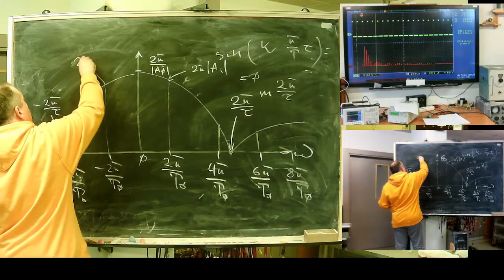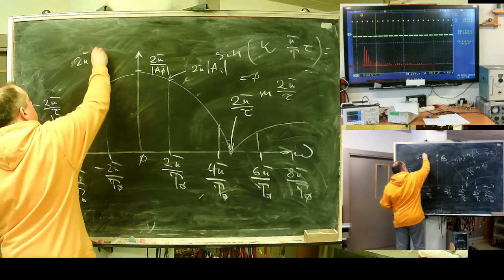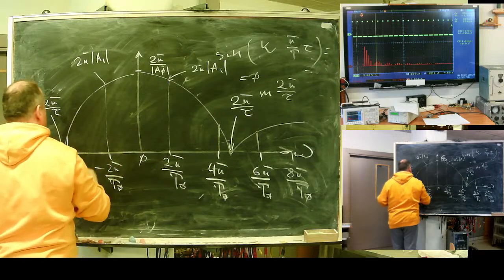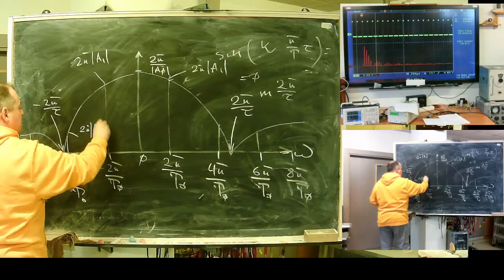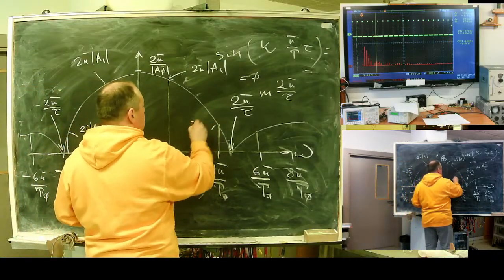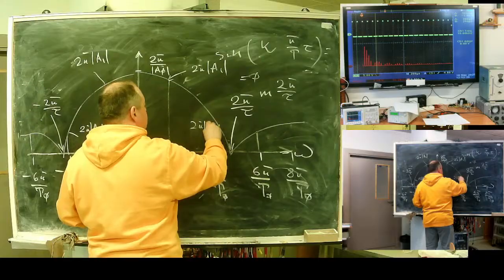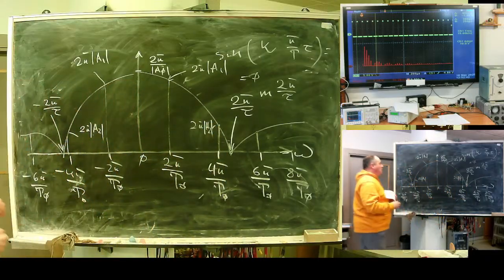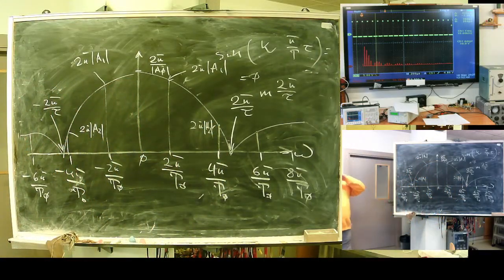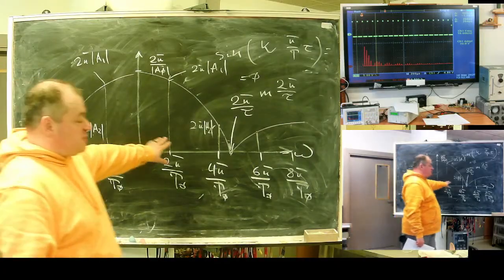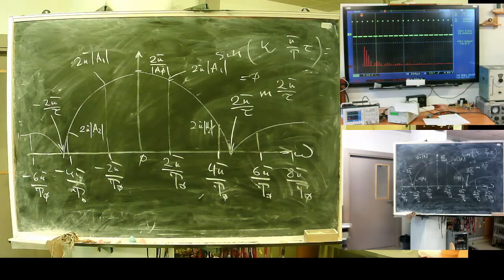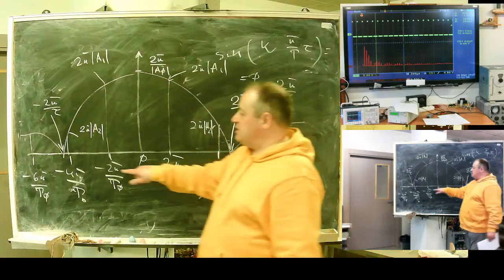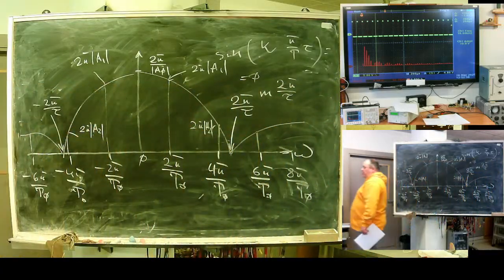Again here 2π, magnitude of the first harmonic. This point 2π, magnitude of the second. The step of the spectral lines, the distribution of spectral lines, is set by the repetition period. But the zeros, these points, are set by tau.